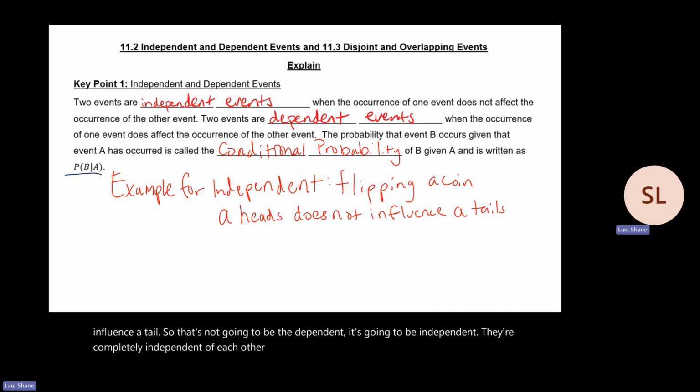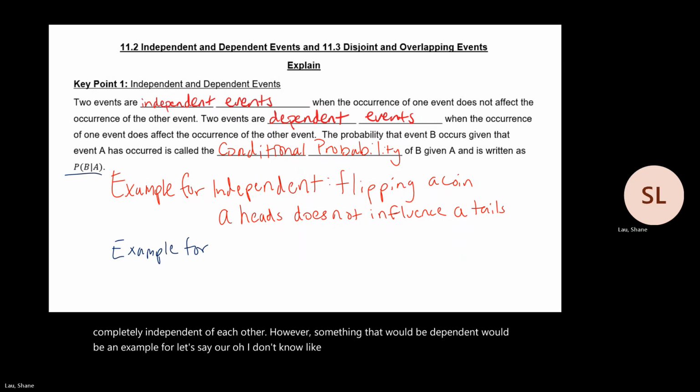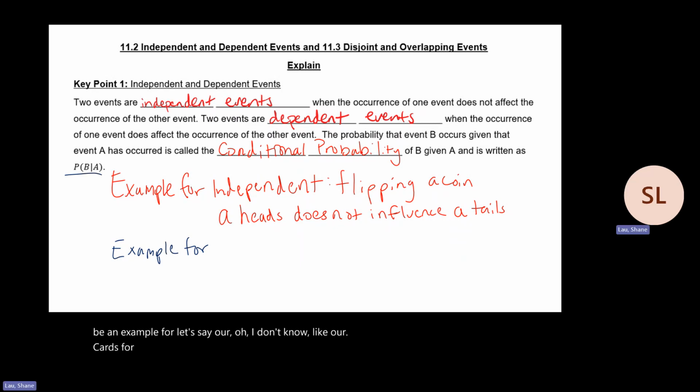However, something that would be dependent would be an example with, let's say, cards, for example, right? So an example for dependent would be getting an ace, we'll say.